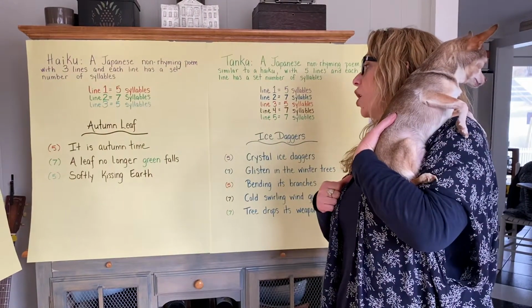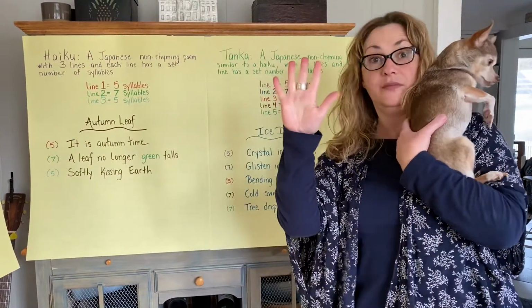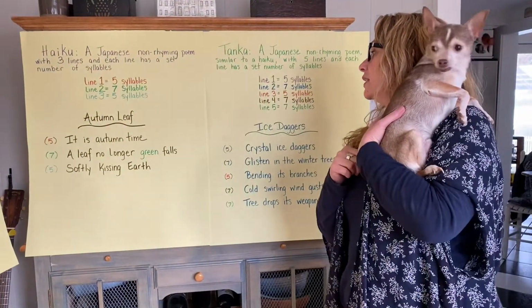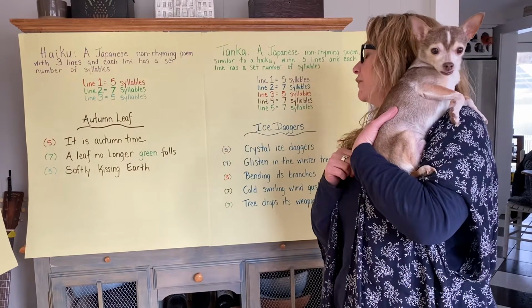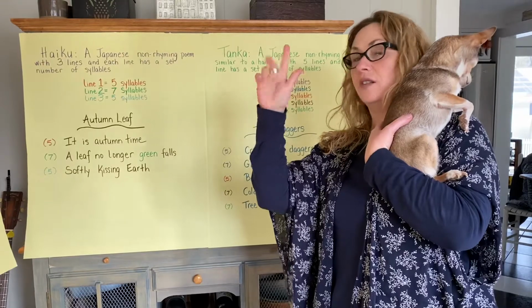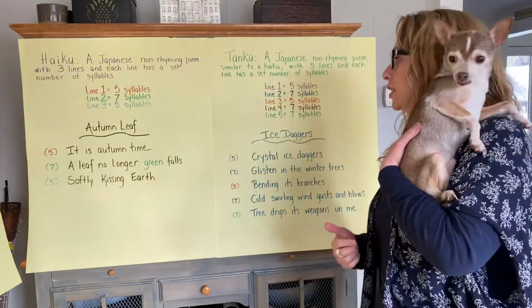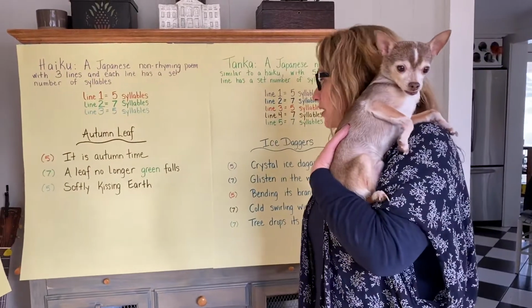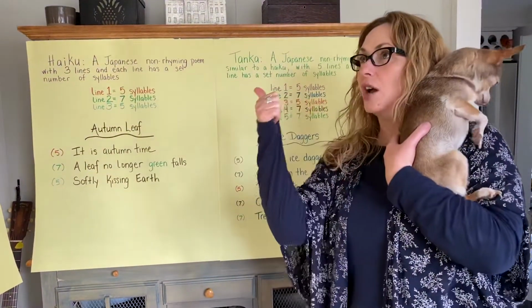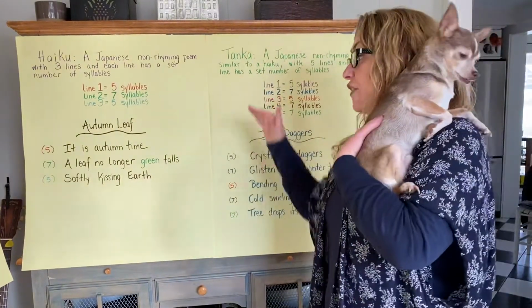It is autumn time. 5. A leaf no longer green falls. That was 7. I'd show you with my other hand, but I got George. Softly kissing earth. 5. So it follows that pattern.